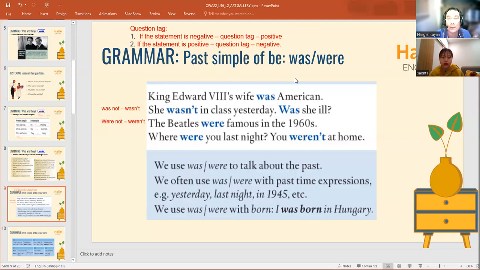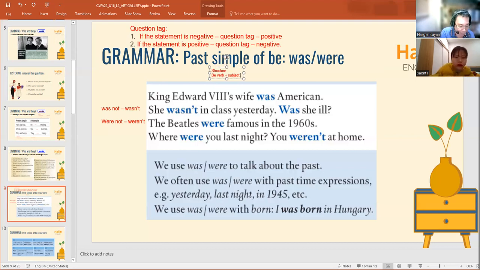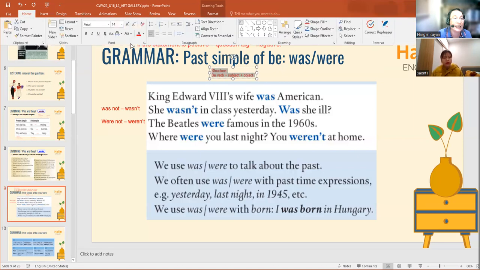The structure for this is: verb first, plus the subject, plus the object of the sentence. This is the structure in asking a question tag.